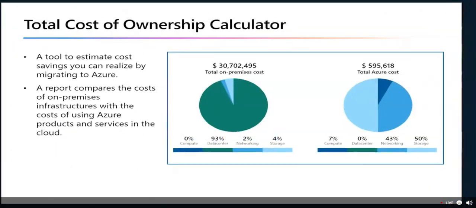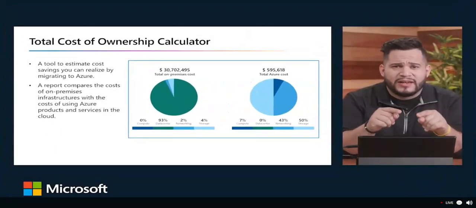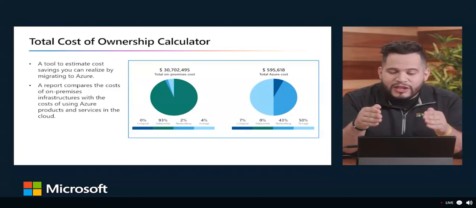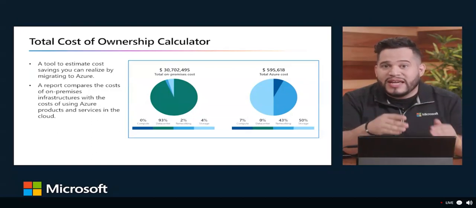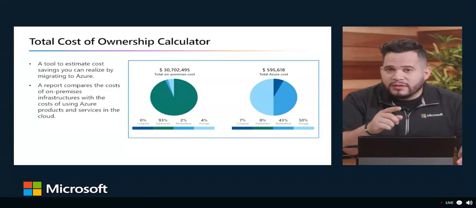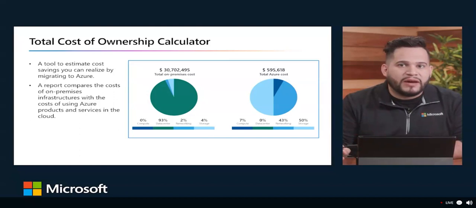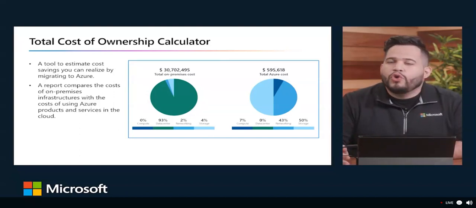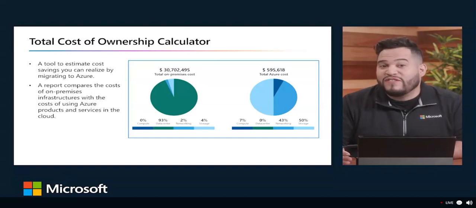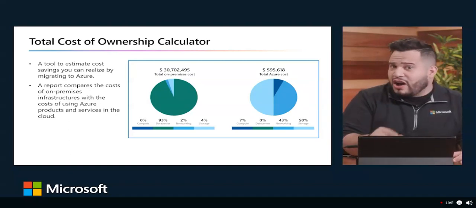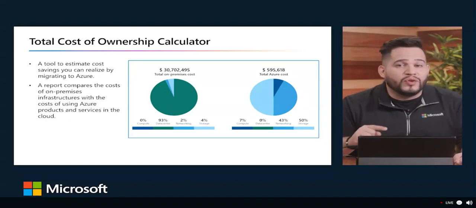Now that was the pricing calculator, but let's take a close look at this slide. As you can see here, the majority of the cost actually comes from the data center. 93% of it is coming from the data center. But when you migrate to the public cloud, even if it's just IaaS or infrastructure as a service, we're no longer having that physical responsibility. That means that 93% cost that you see there, it doesn't get reduced.